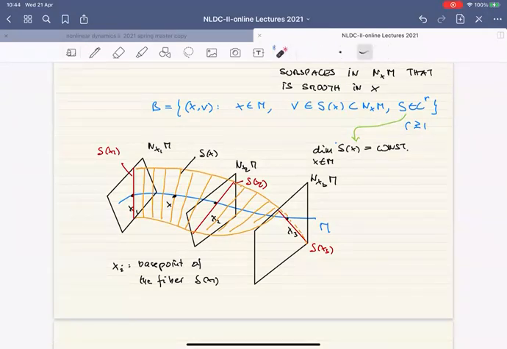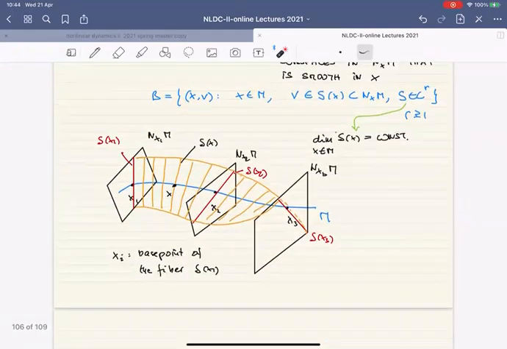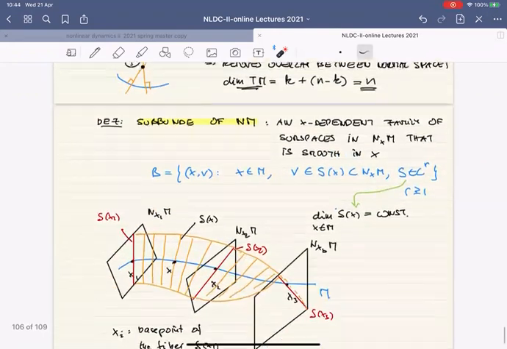But mind you, two different fibers know nothing about each other. They are not to be identified because once their base point differs, they are certainly two different entities within this bundle set. Okay, and that was the last thing I wanted to say.